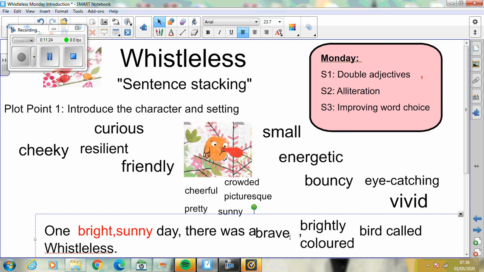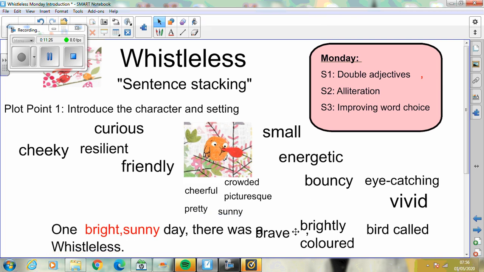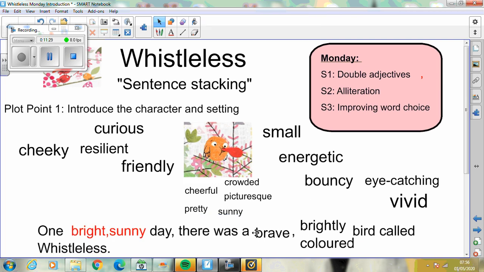There we go. One bright, sunny day, comma, there was a brave, brightly coloured bird called Whistleless. And there we go. There is my first sentence, and I have included two examples of double adjectives.